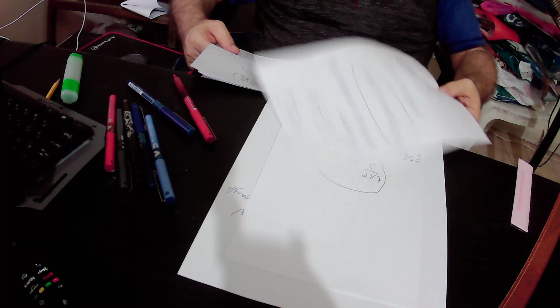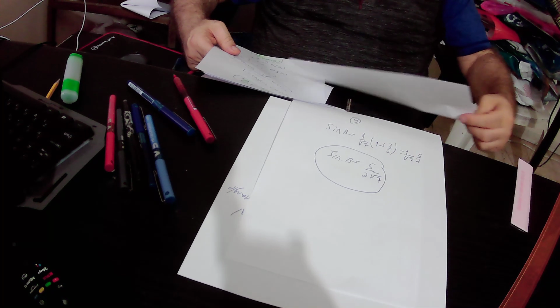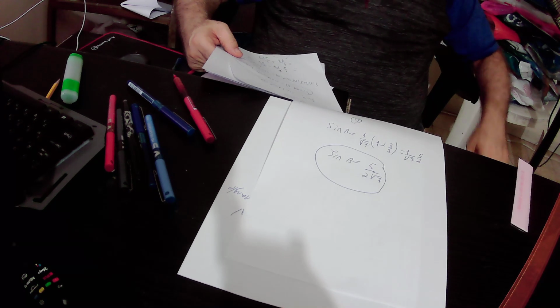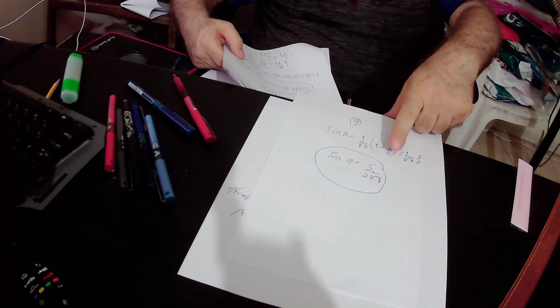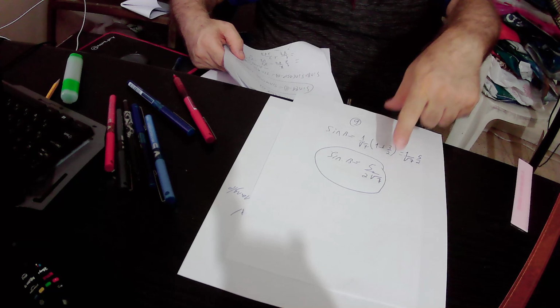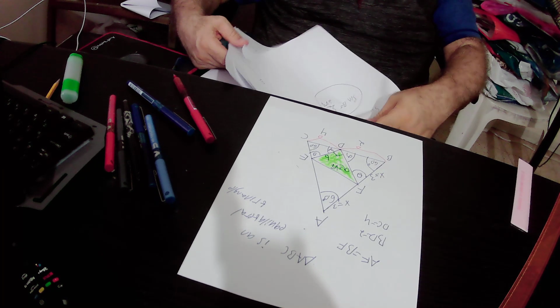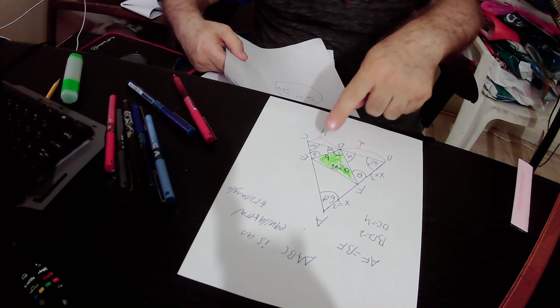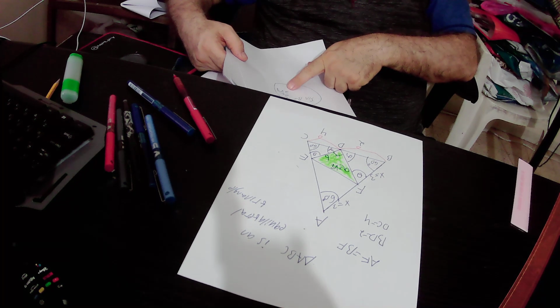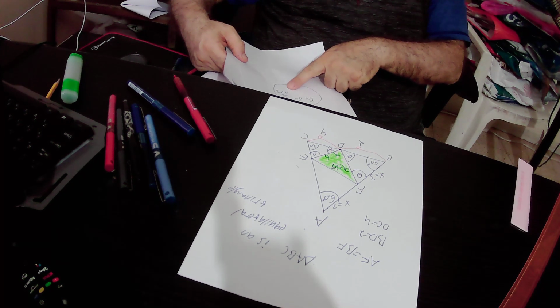Okay, and we found out that the value of sine beta is actually 5 over 2 times root 7.